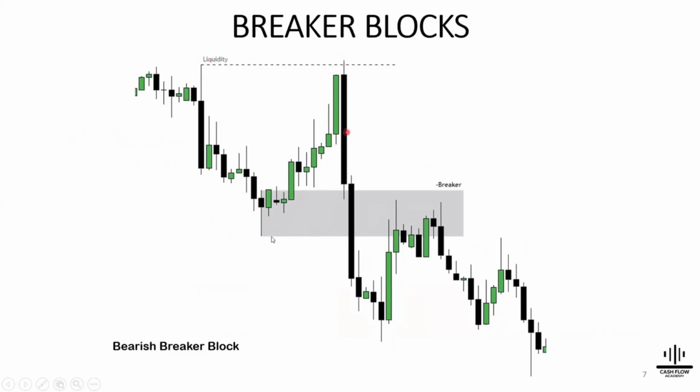So after market structure has been broken to the downside, we expect that if price should return back to this level, market should sell downwards. So it's very simple. This is what we are seeing here. Market taking liquidity, break of structure to the downside, market returns back to this level, should sell.